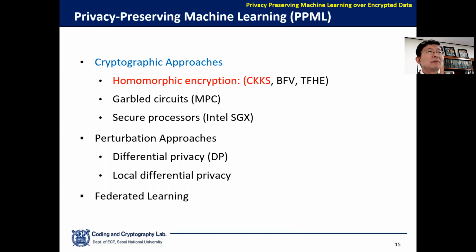And the third one is a secure processor such as Intel SGX. The second one is the perturbation approach, such as differential privacy and local differential privacy. Then the last one is federated learning. In this talk, we are focusing on the cryptographic approach for PPML. I mean the homomorphic encryption of CKKS.